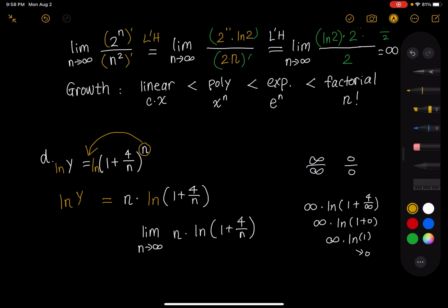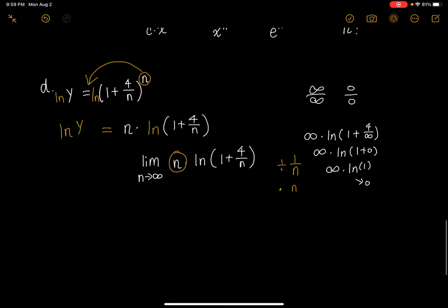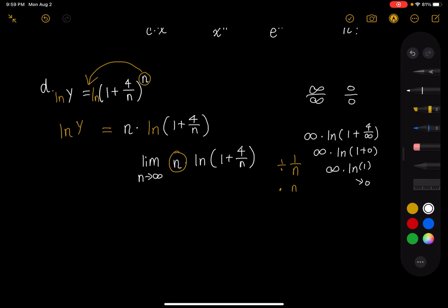We handle a term like this and change it to divided by 1 over n. Divided by 1 over n is the same as multiplied by the reciprocal, which is n. Those are tricks that we usually employ to deal with infinity limits.